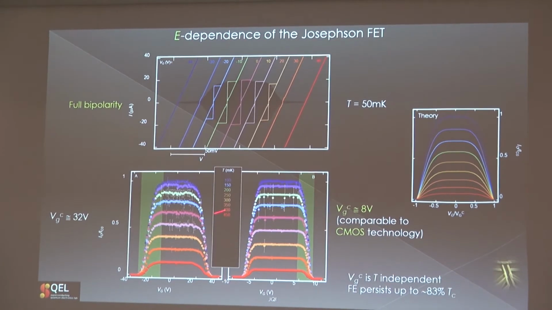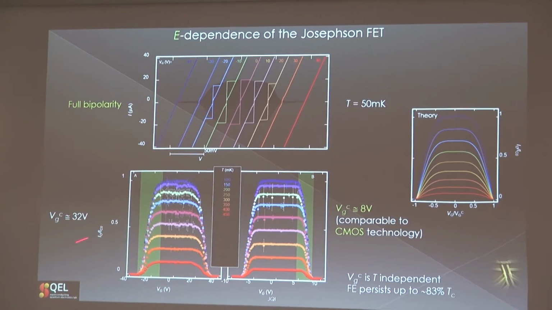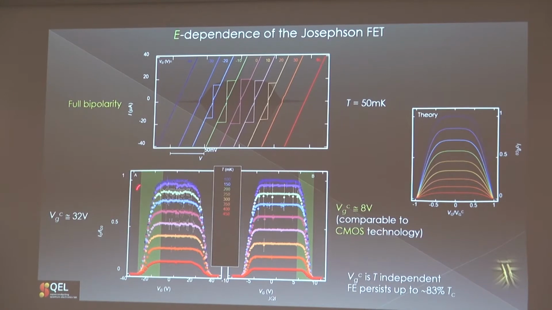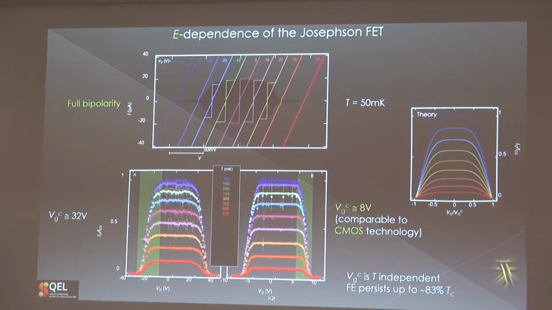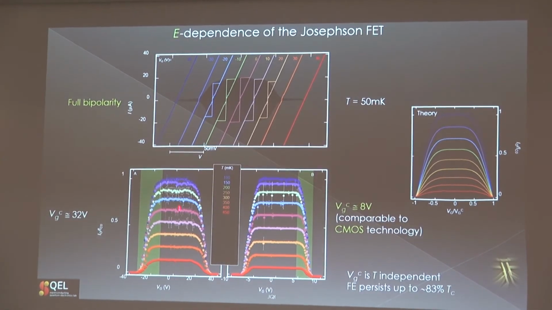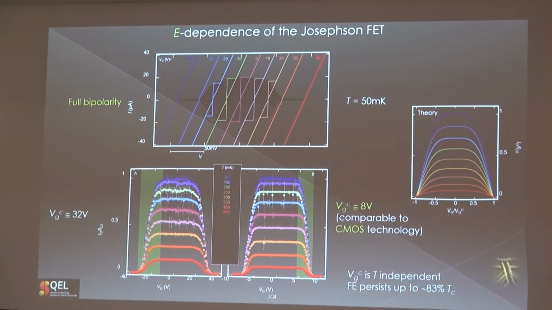And here, in these two bottom panels, on the left and the right, are two different devices with slightly different separation of the split gate from the superconducting channel. And so we see that the general shape is preserved, nice pancakes. By increasing the temperature, going down from violet to red, we increase the width of the pancake.